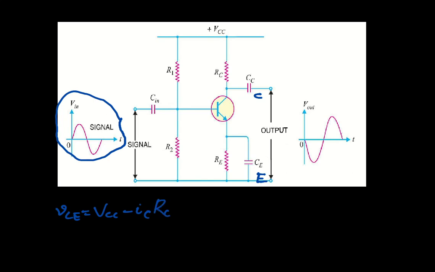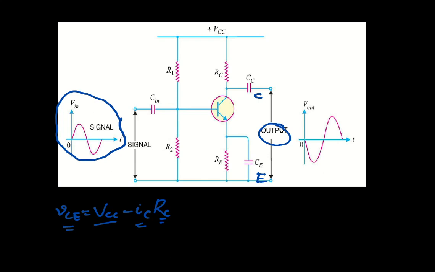This is the equation for the voltage across the collector emitter terminal, that is the output voltage. Here VCC is a constant, VCE is the voltage across the collector emitter terminal, IC is the total collector current, and RC is the collector resistance in the circuit.